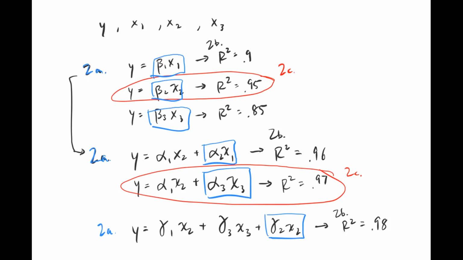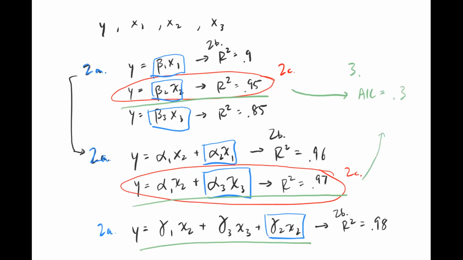Okay, so the last step, step 3, is I'm going to look at my criteria for each of my quote unquote best models. So this could be AIC equal to, let's say, 0.3. Let's say this is AIC equals 0.2. And let's say this is AIC equals 0.25.